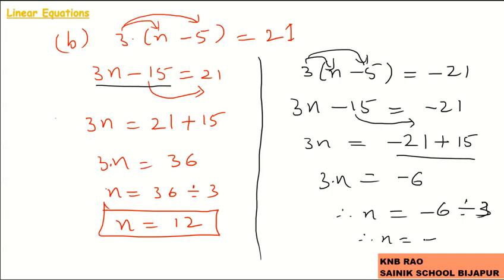Therefore n equals minus 2 is the solution of this equation. A little change in the sign of any variable or any number will result in a completely different answer. So be careful and be cautious.